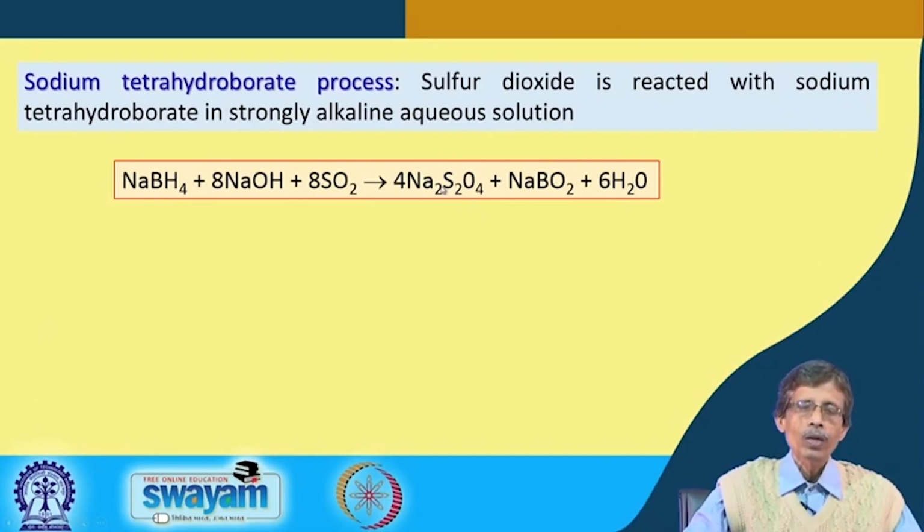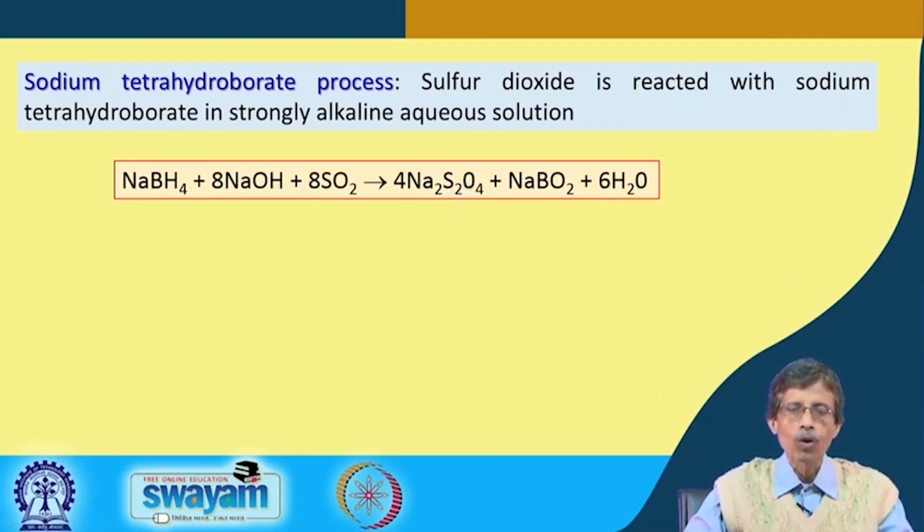Here we are looking for the typical reduction of sulfur dioxide, giving a sulfur-sulfur bond in the formation of S2O4, and sodium borate is also forming, and 6 molecules of water. If it is not effective in reducing, sodium borohydride through some side reaction can be destroyed by its reaction with water molecules, producing sodium borate.